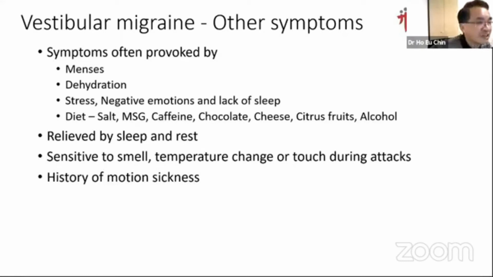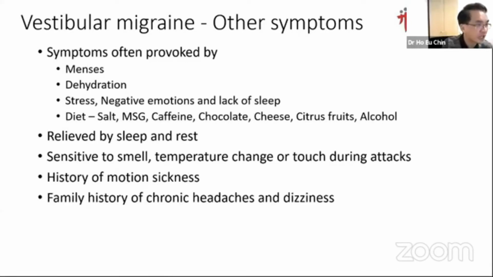And this is a very interesting one, where the majority of them have a history of motion sickness. Usually when they're younger, they will tell you that, oh, I can never read in the bus. Even now, if I sit in the bus, I need to be facing forward. I need to be looking outside the window. I can't really read properly in the bus. If I try to read, I feel nausea. Okay?